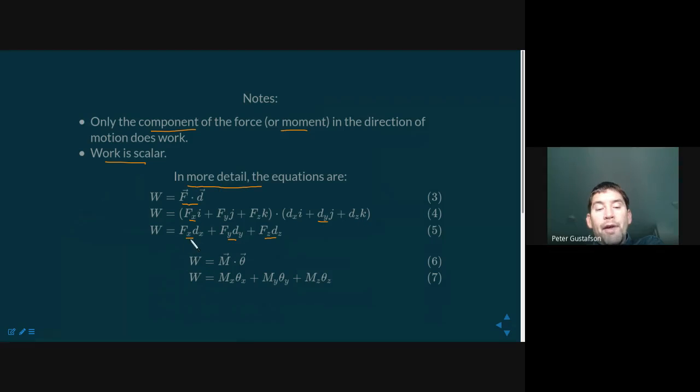So anyway, the dot product is Fx dx plus Fy dy plus Fz dz, and that is how we express the magnitude of work due to forces. Only the component of force in the direction of motion does work, and of course moments are identical in that sense for these small angles.